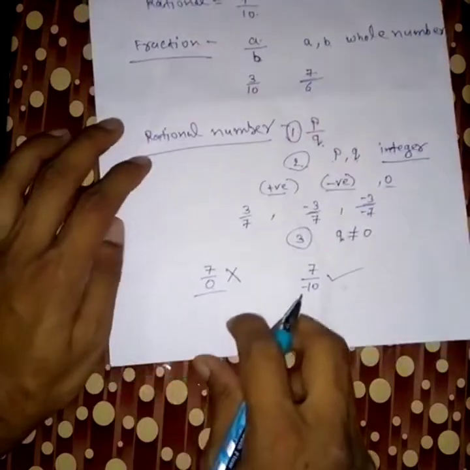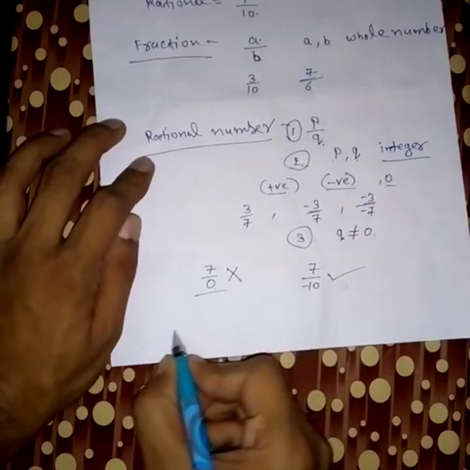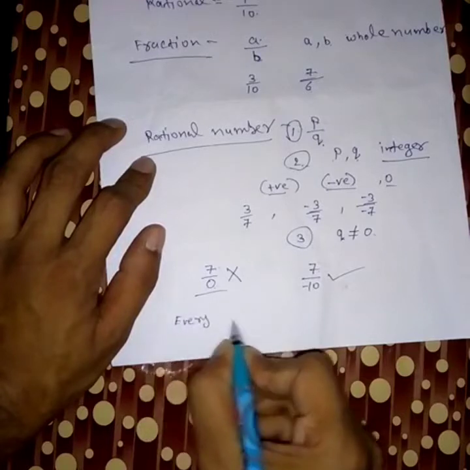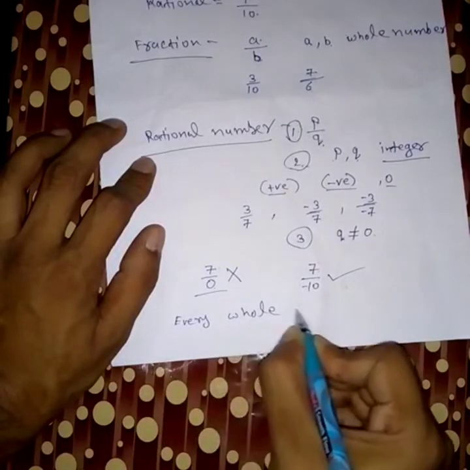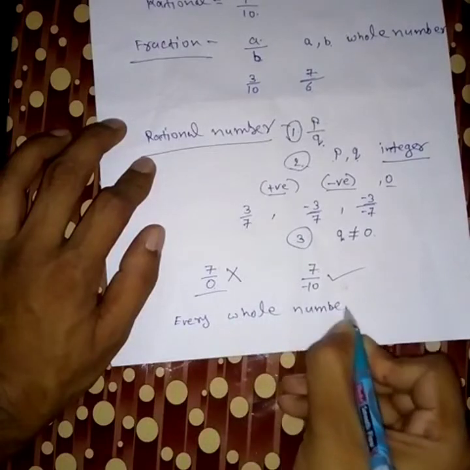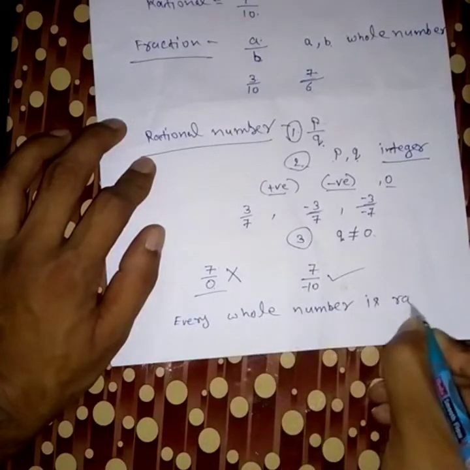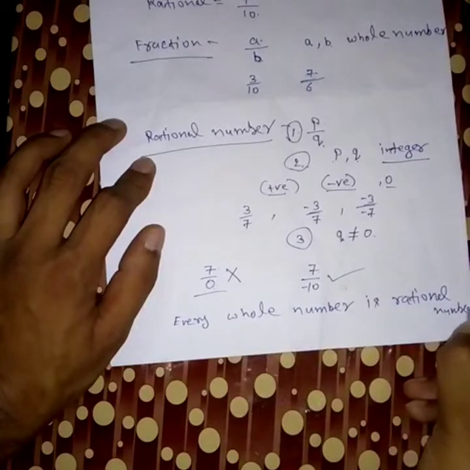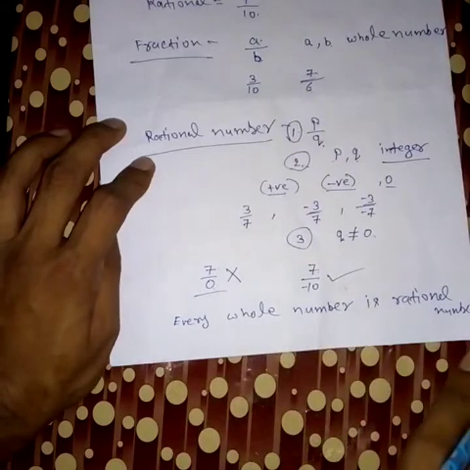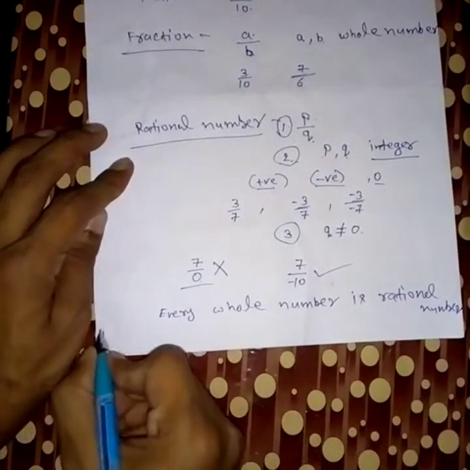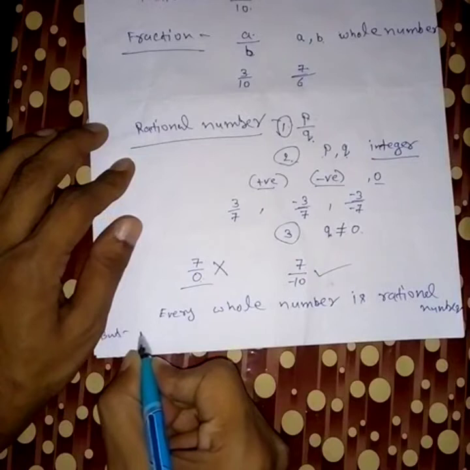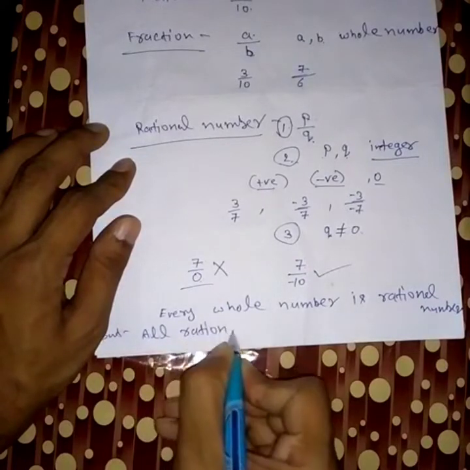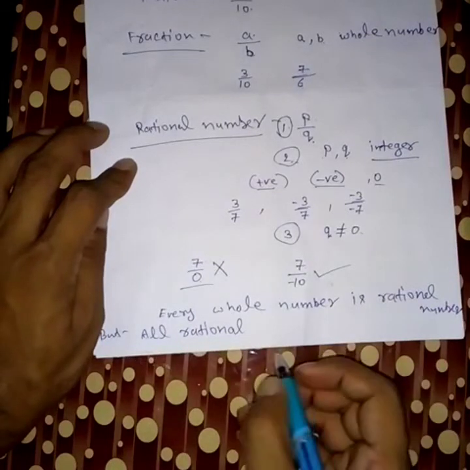So what we come to the conclusion is that every whole number is a rational number. Clear? Every whole number is a rational number, but all rational numbers may or may not be a fraction.